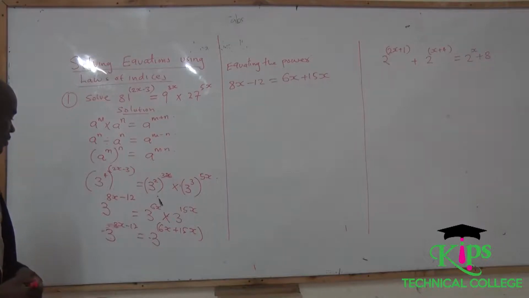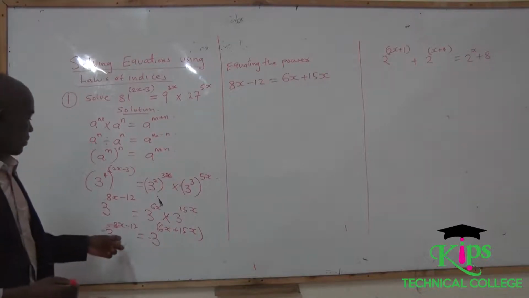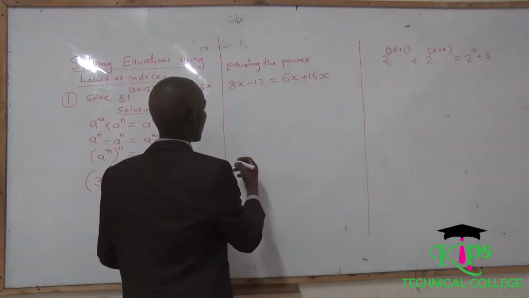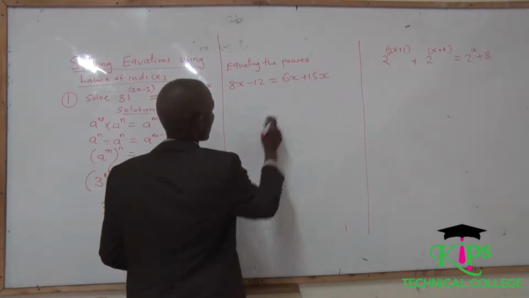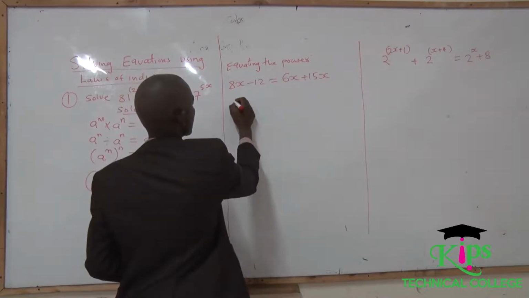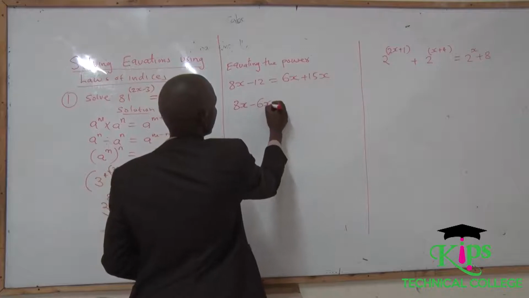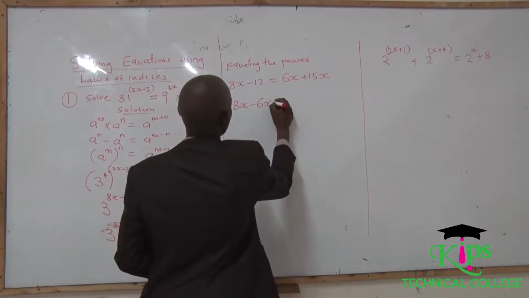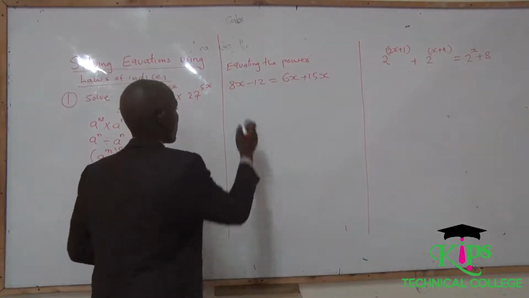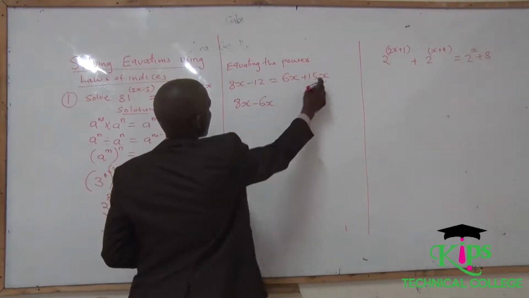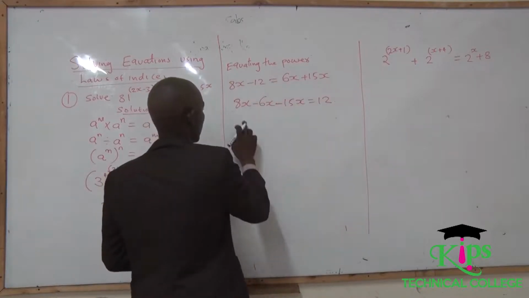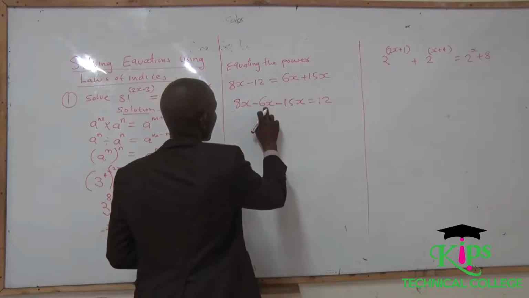Once you equate the powers, you can bring like terms together, bring this one to the other side, so this becomes 8x minus 6x, bring this one to the other side, minus 15x is equal to 12 when it goes to the other side. 8 minus this, you will get minus 2.